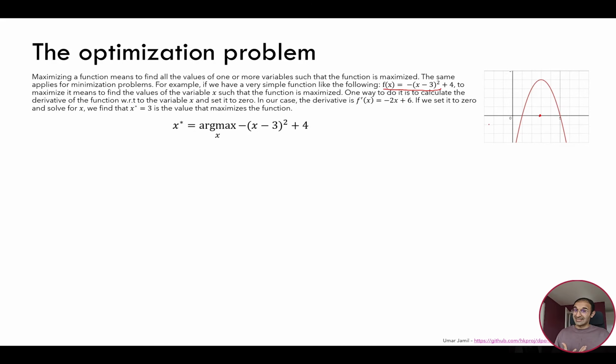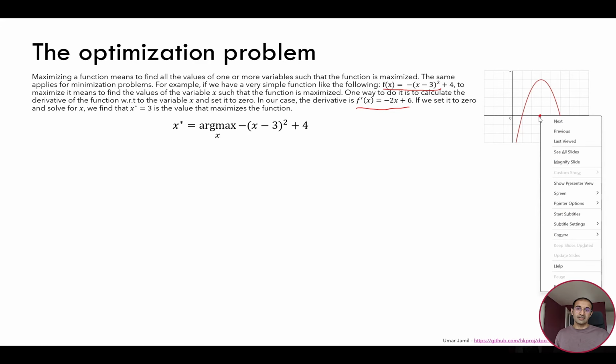How to do that analytically? Well, we calculate the derivative of this function here. We set the derivative equal to 0 and we find the values of x for which this derivative is 0, and that is also the value for which the function will be maximized. So the derivative of this simple function is minus 2x plus 6, and the value of x that makes this derivative 0 is the value 3, x equal to 3, which is also the value that, as you can see in the graph, maximizes the function.